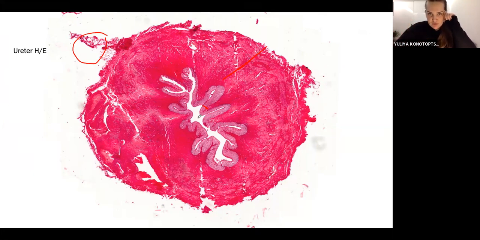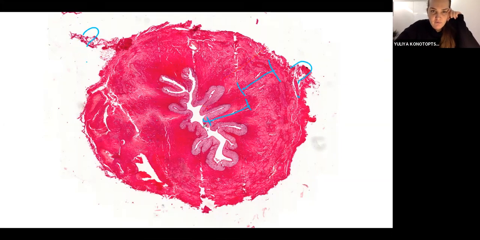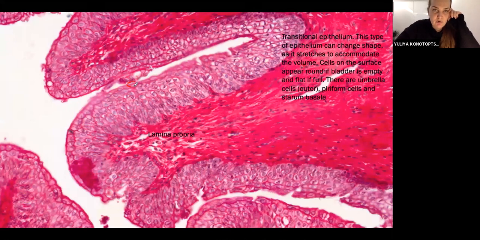If you're a very detail-oriented person, you'll see that the top layer stands out. It's almost like it has its own basement membrane. If you magnify, you will notice that these cells are your umbrella cells.